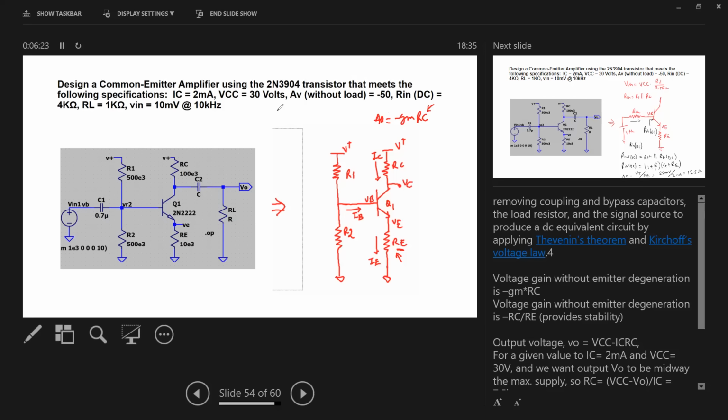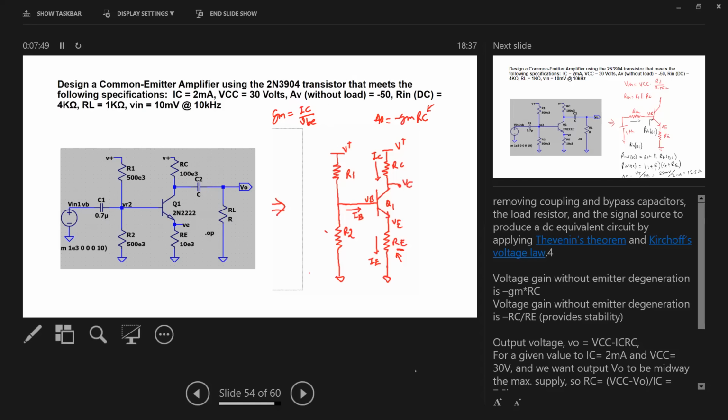GM is the transconductance of an amplifier, which is IC over VBE. Okay, and if you recall from the previous discussion, we can obtain the value of GM as well. So let me show you that.